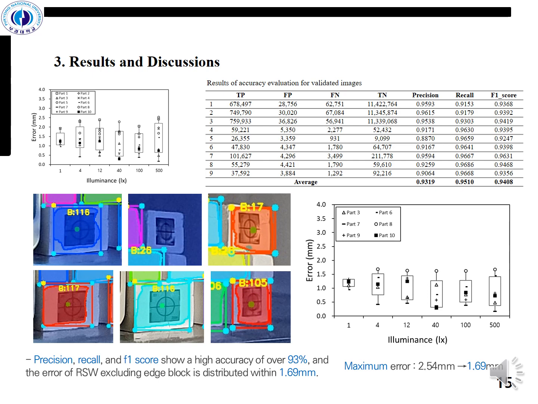Precision, recall, and F1 score show high accuracy of over 93%, and the error of RSW excluding edge blocks is distributed within 1.69 millimeters. Considering that most large errors are caused by detection errors at the edge of the RSW, the maximum error is reduced to 1.69 from 2.54 millimeters if this is supplemented.